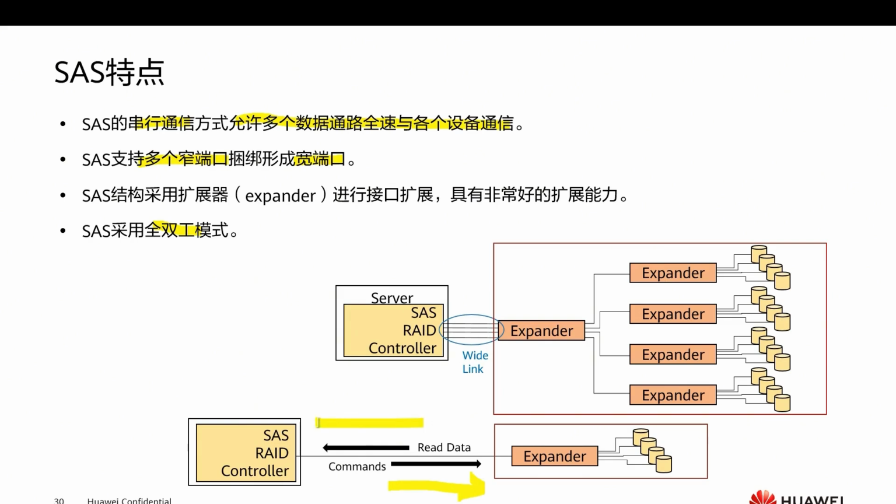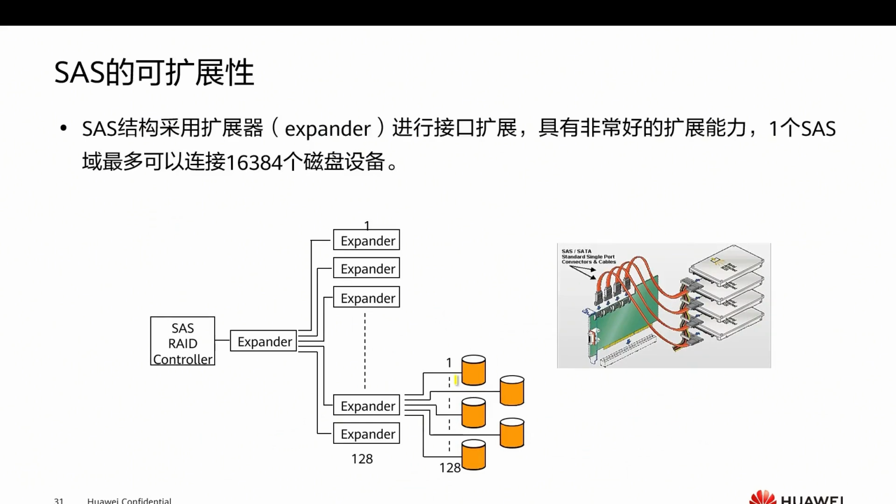But SAS can communicate bidirectionally. Each SAS cable has 4 wires, 2 inputs, 2 outputs. SAS can read and write data simultaneously. This full-duplex data operation can also improve data communication efficiency.